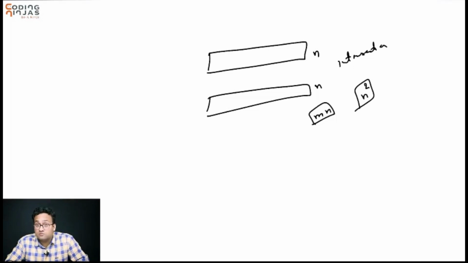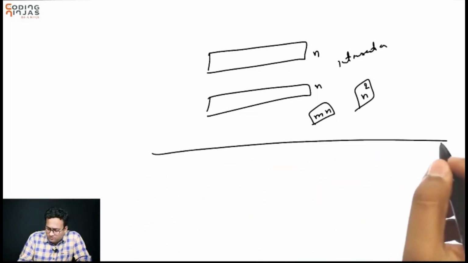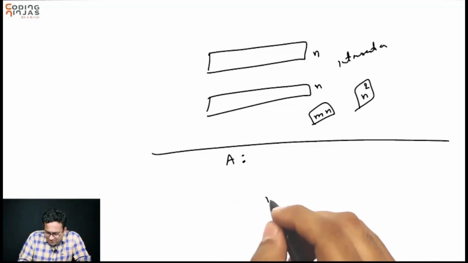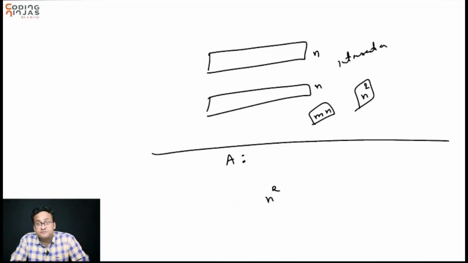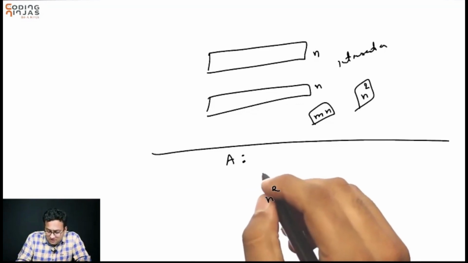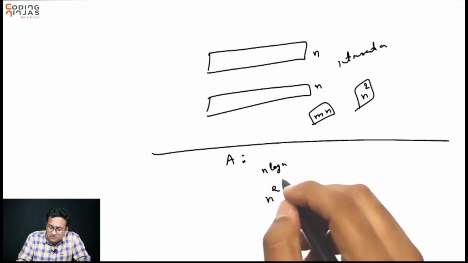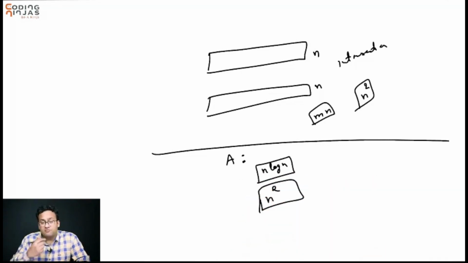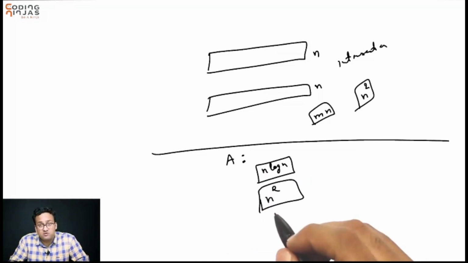What can we do now? Let's say I have this algorithm in which I am doing n square work. If I add some extra work which takes n log n, what would be the total time complexity of my algorithm? Previously it was doing n square work.